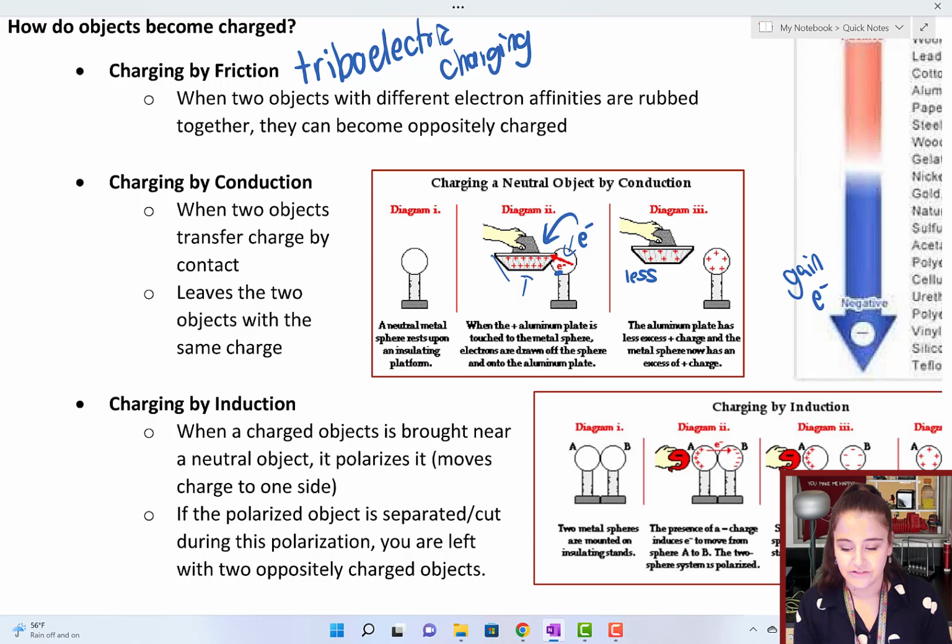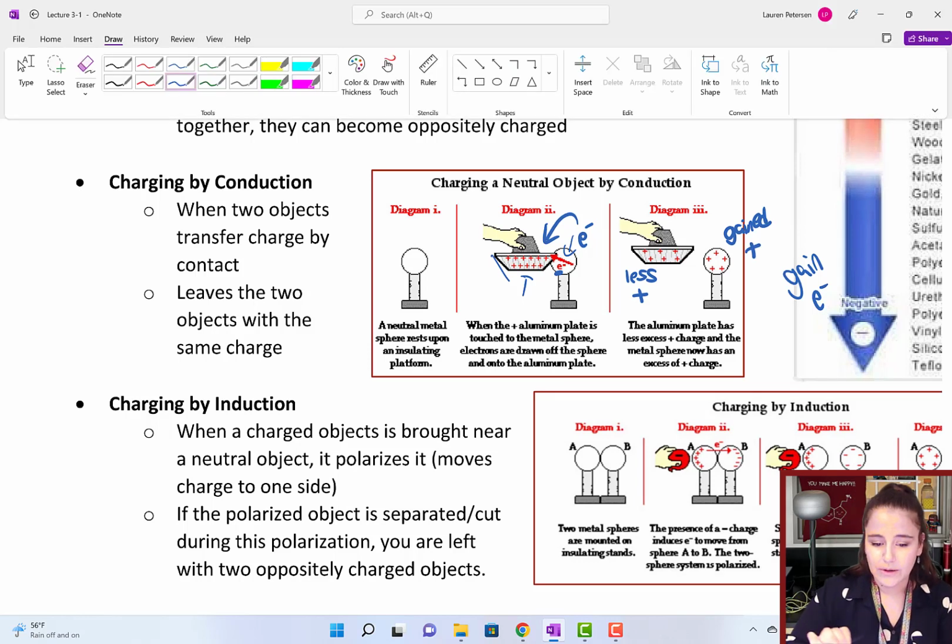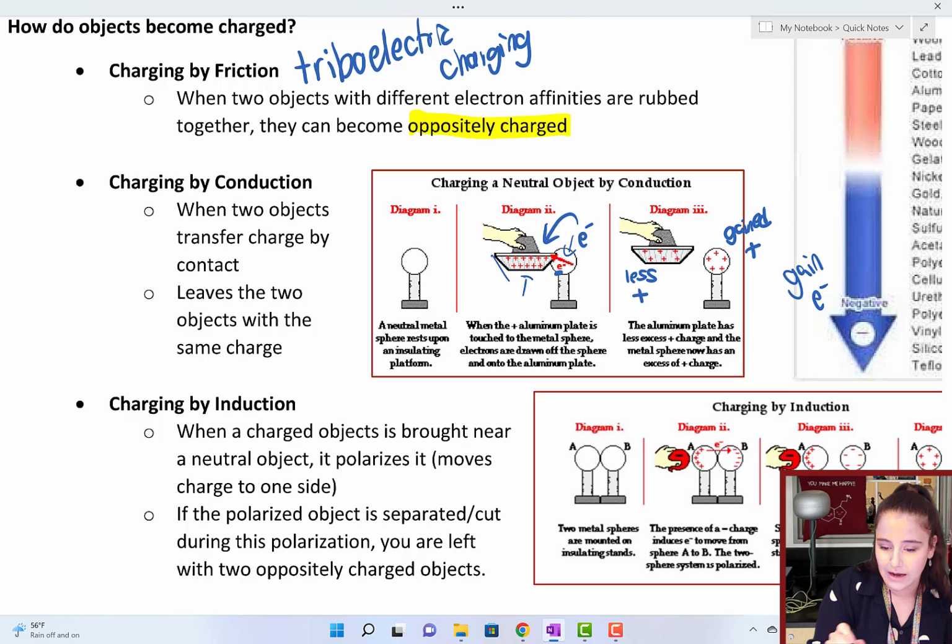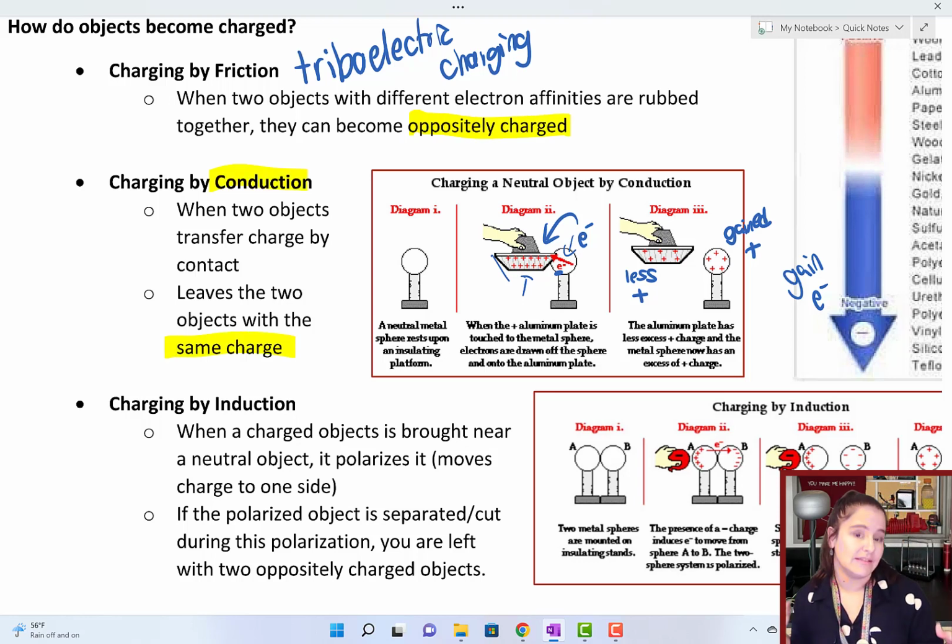But because that sphere lost electrons, it hasn't gained the positive charge. So while triboelectric charging becomes oppositely charged, when you charge by conduction, the objects have the same charge.